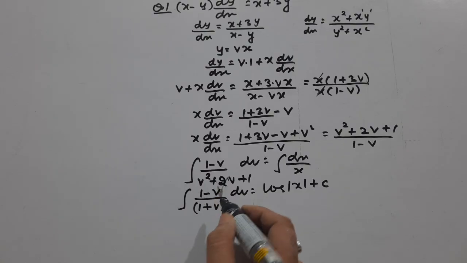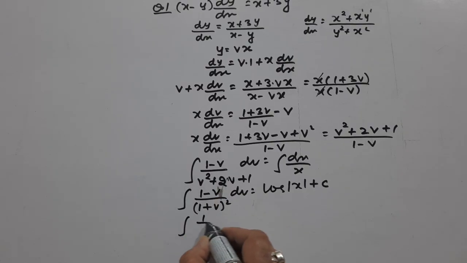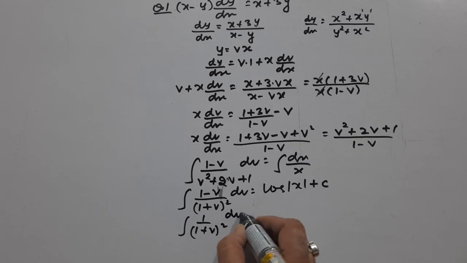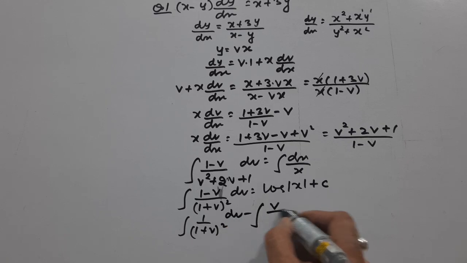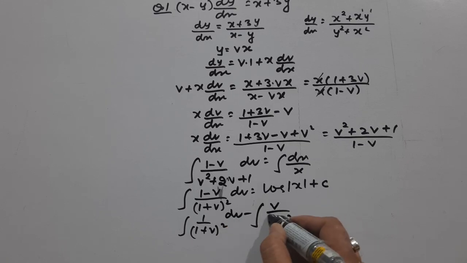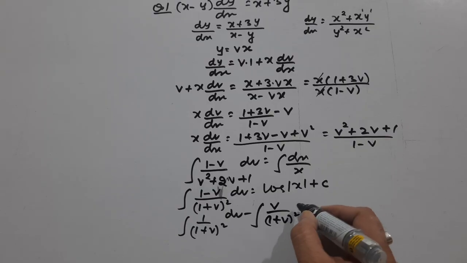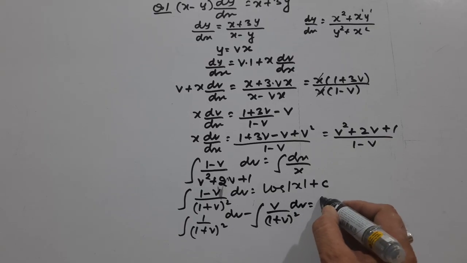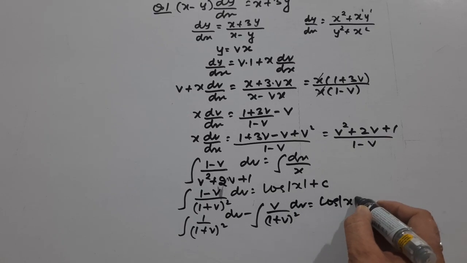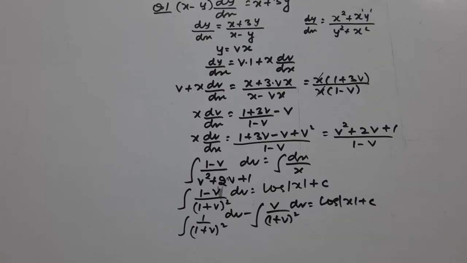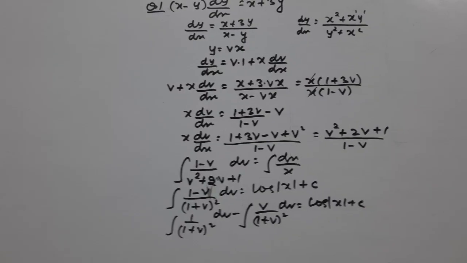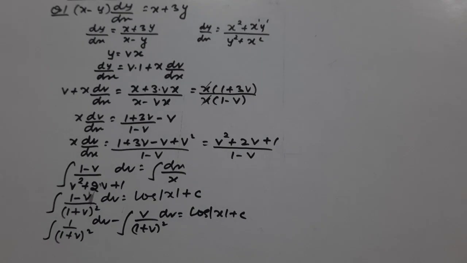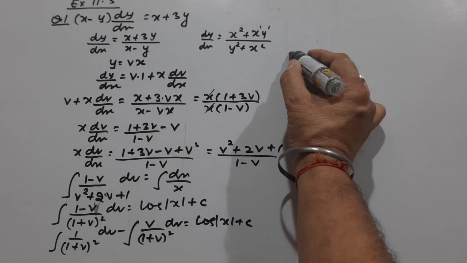Now to integrate this factor we write 1/(1 + v)² dv − v/(1 + v)² dv = log x + c, like this. Now let us integrate it further.